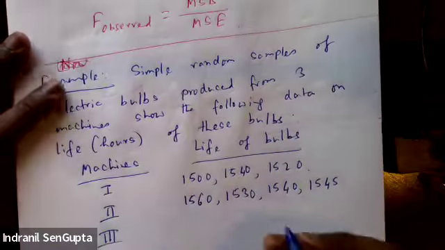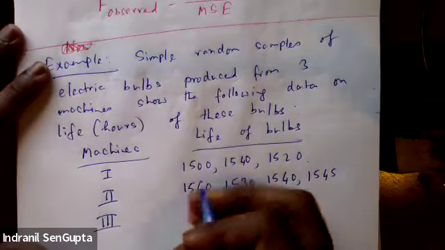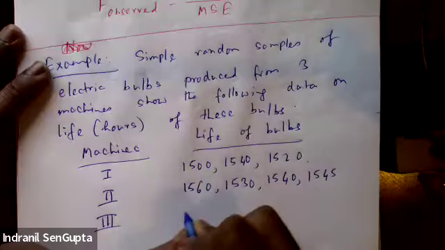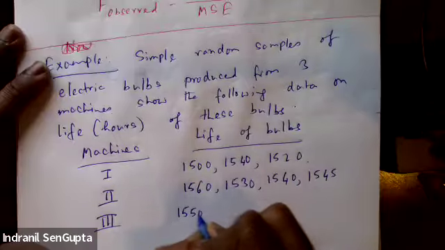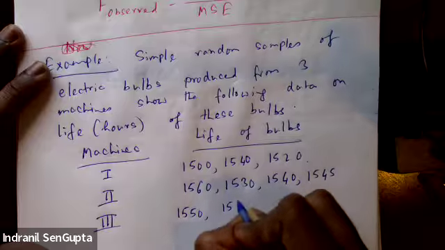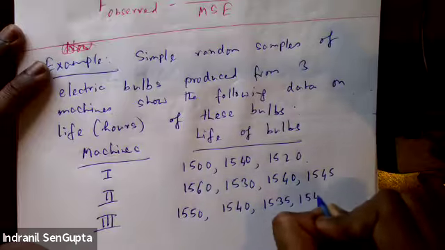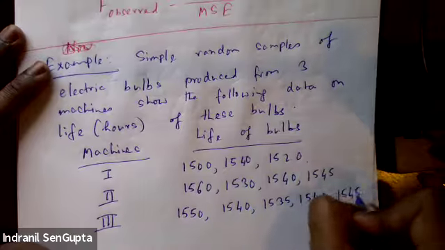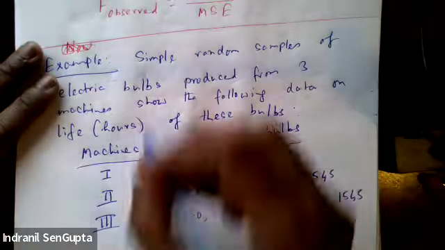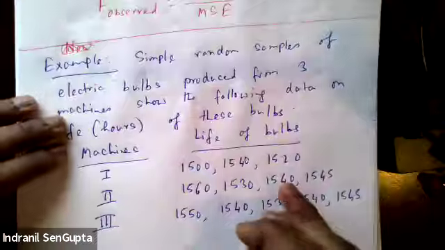Machine number 3: 1550, 1540, 1535, 1540, and 1545. So there are the 3 machines, and this is the data.